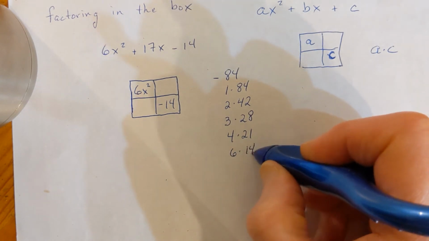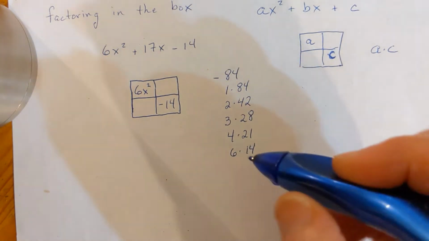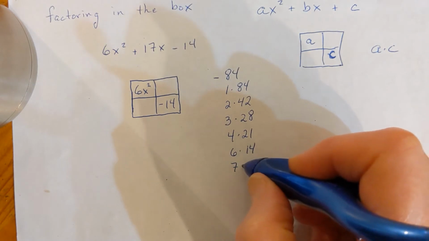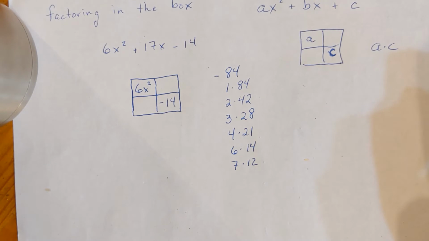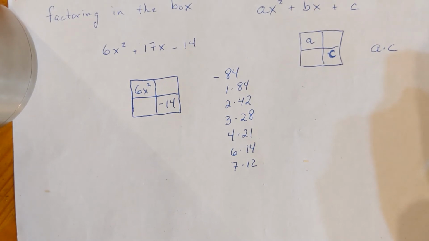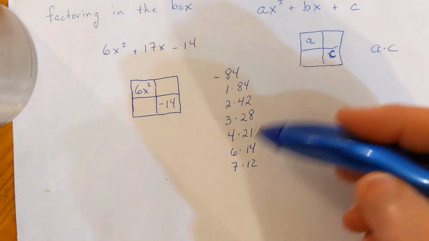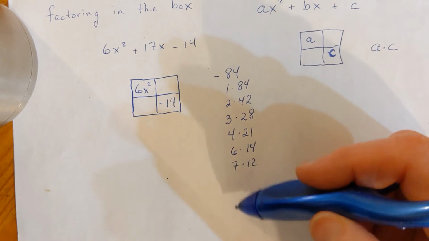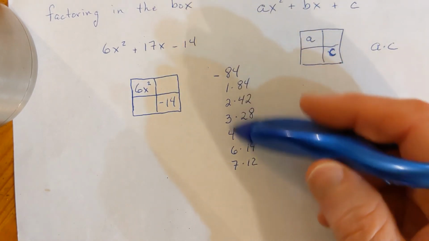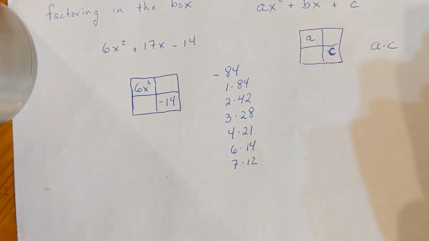If I keep them in order and very systematically go through and find all the pairs of factors of 84, I know which ones to check. I know I have them all. 7, I'm looking, 8, won't, 9, 10, 11 don't. So I know that I've got all my pairs of factors of 84.